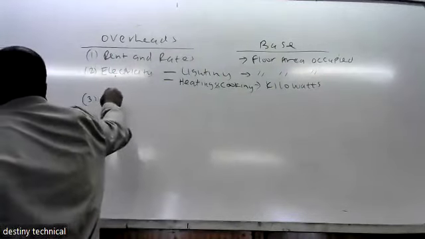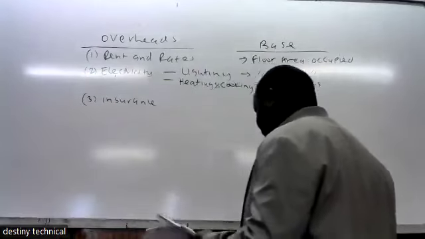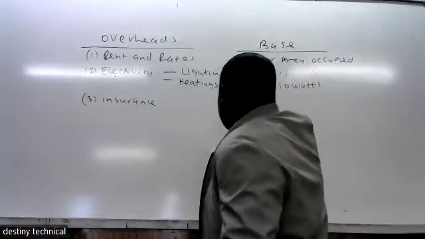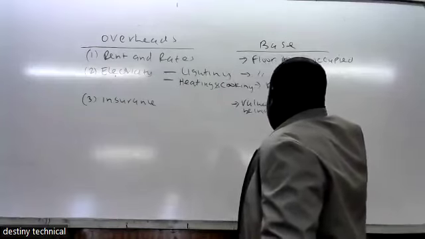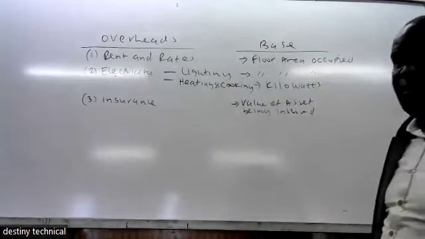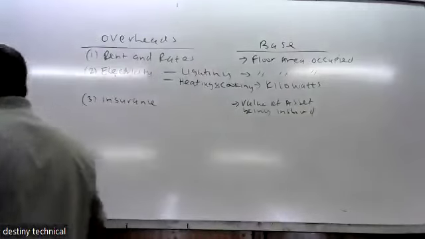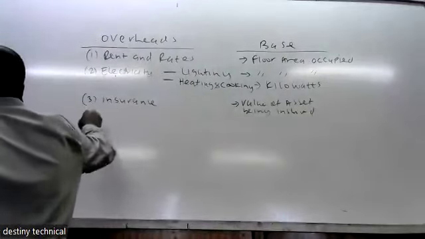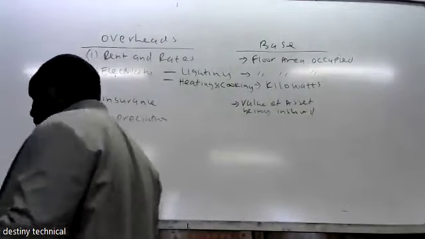Number three should be insurance. When it comes to insurance, we use the value of the asset being insured. The next one, number four, is depreciation.